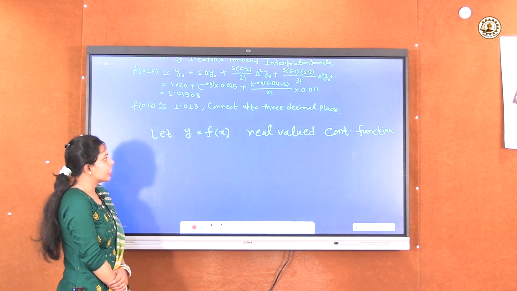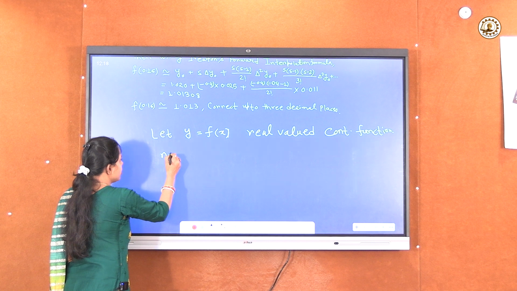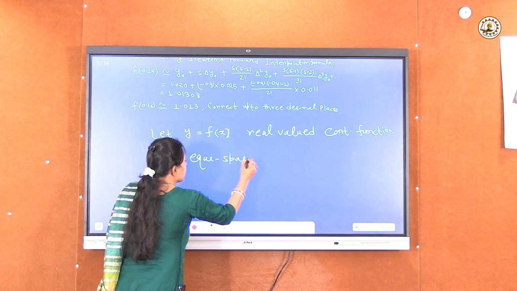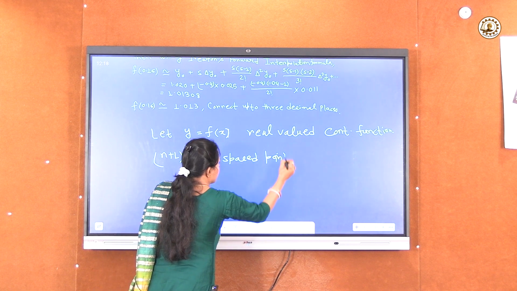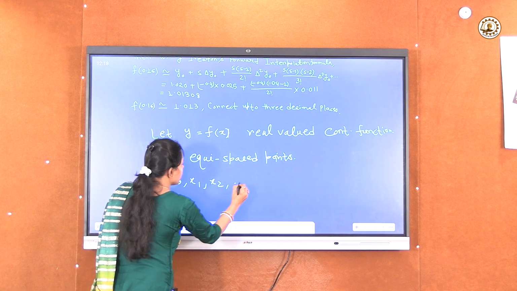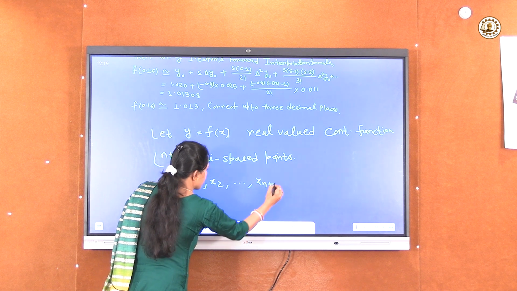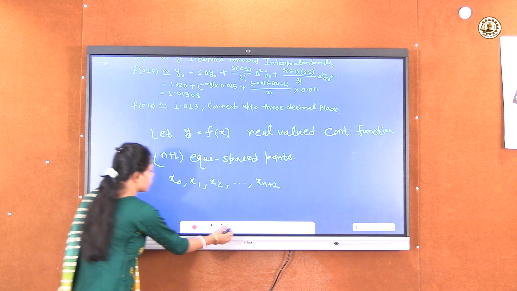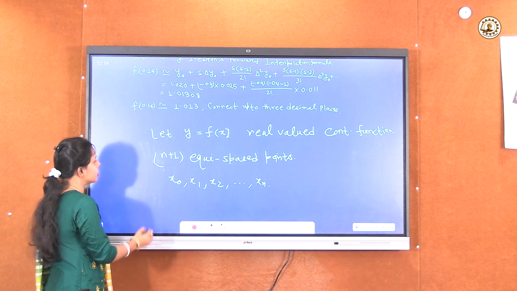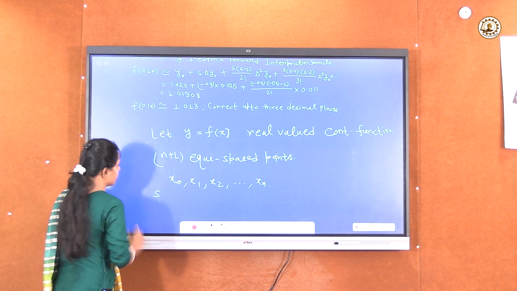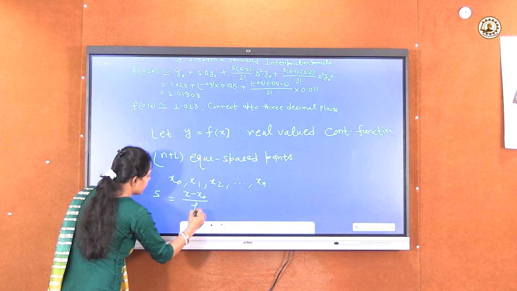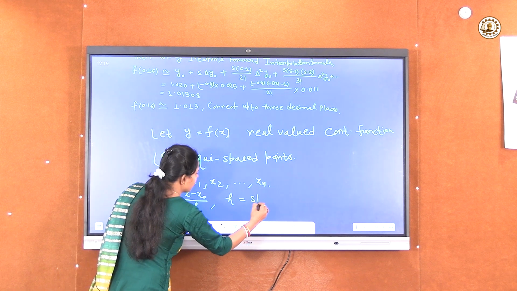Then we take n plus 1 equally spaced points: x0, x1, x2 up to xn. Now here we introduce s, what is s? s is (x minus x0) divided by h, and here h is the step length.